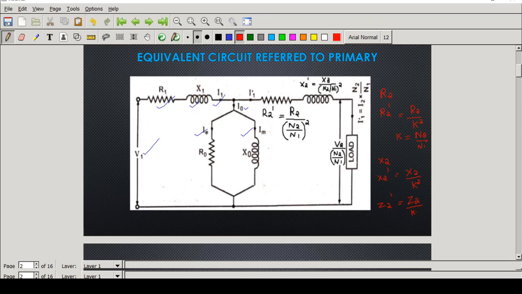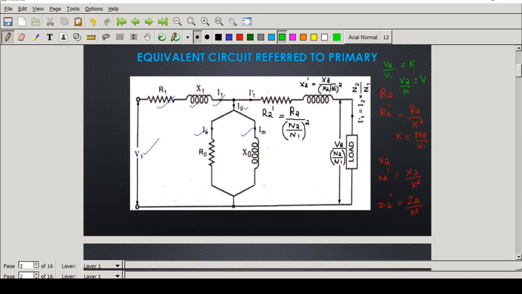Now the question is how you will transfer the voltage V2 and current I2. For that we will use this equation: V2 by V1 is equal to K. Or, to make V2 equivalent to V1, V2 by K is equal to V1.